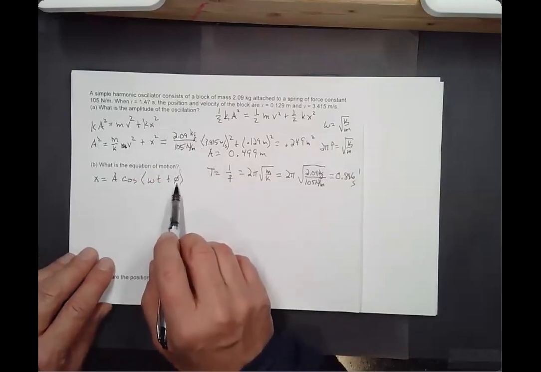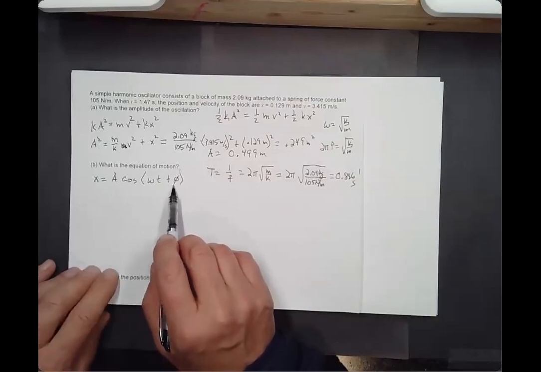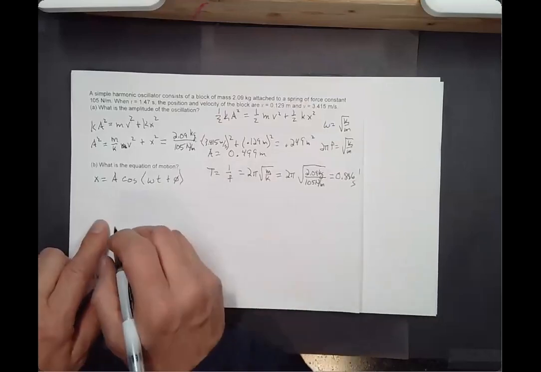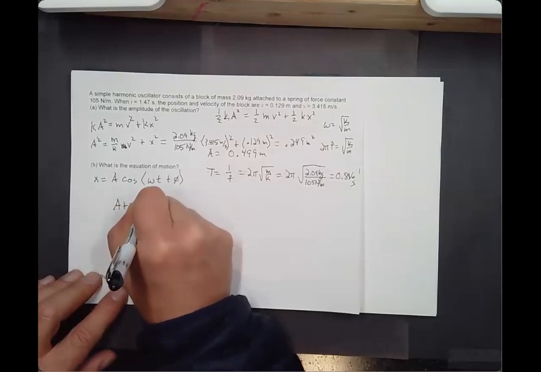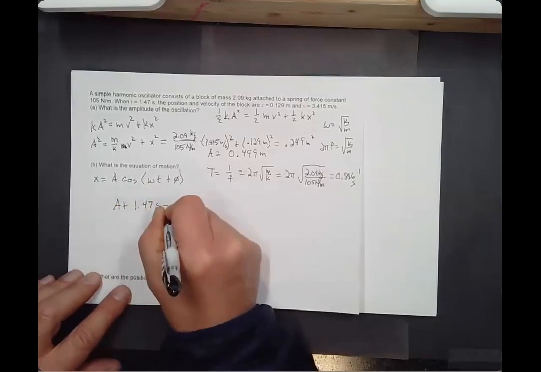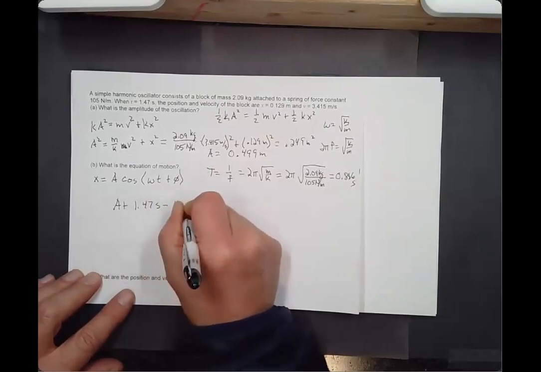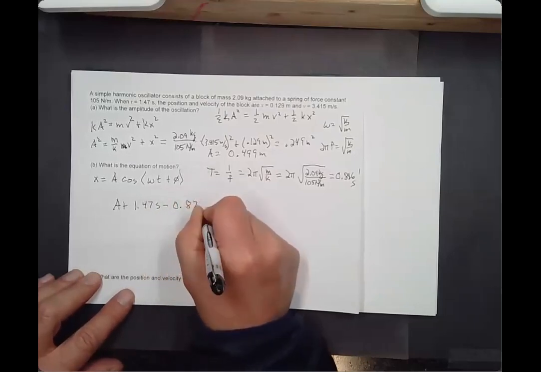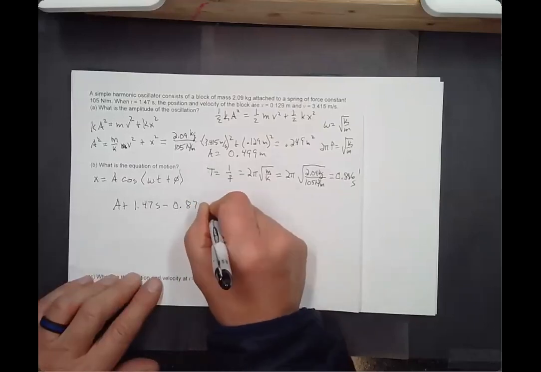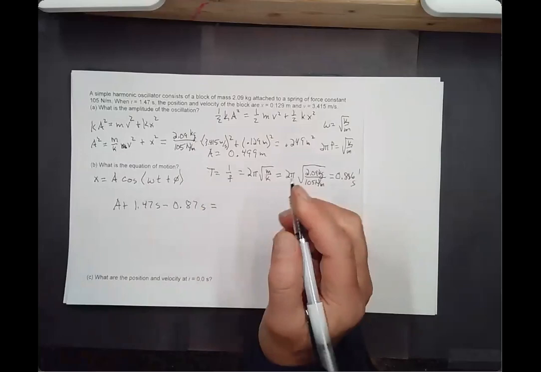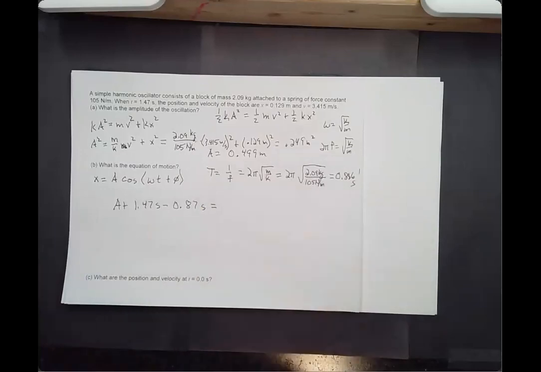I'd actually end up with one that's 2 pi larger than we need. So at 1.47 seconds minus 0. I'll call it 0.87 seconds, and I'm going to be down to two significant figures no matter what. So 1.47 minus 0.87, I don't feel like doing that in my head.